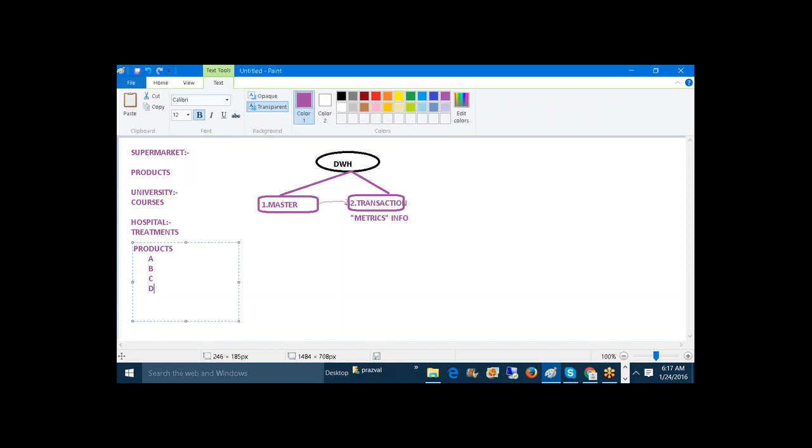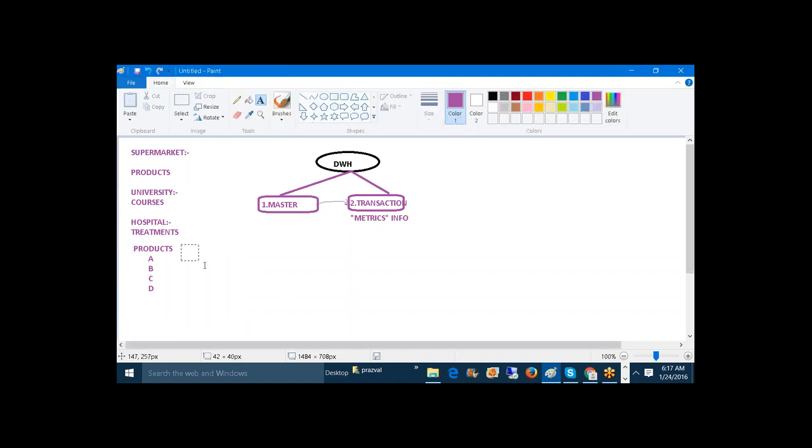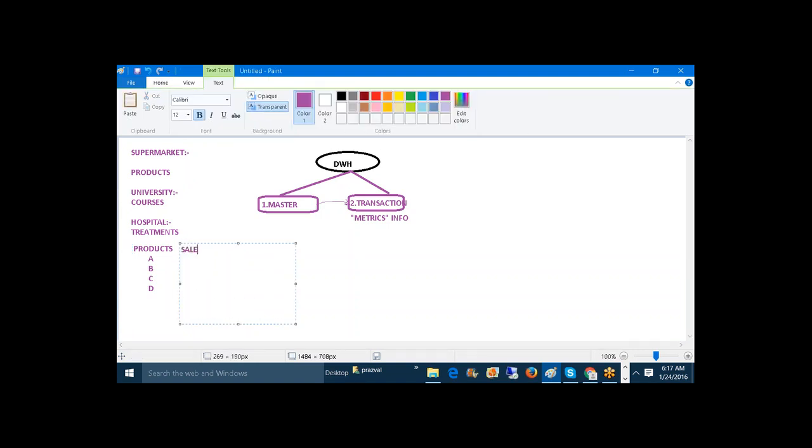How do we compare their performance? We need some metrics. Metrics are nothing but numbers, integers which are used to analyze the business. So we have to make use of numbers like sales or profits, and with the help of these numbers we can compare the business.